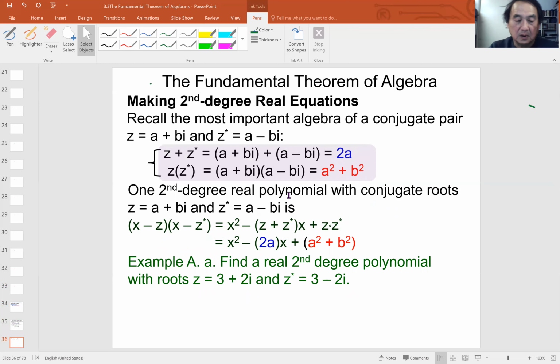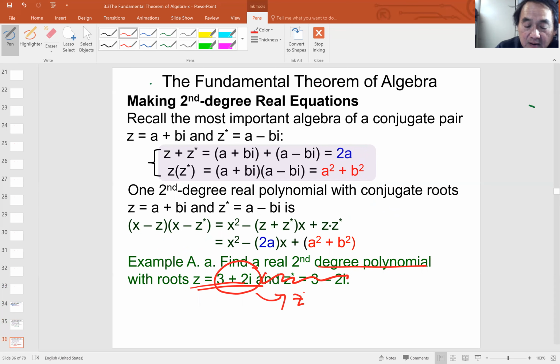Here's an example. Find a second degree polynomial with these as roots. I don't even have to tell you this one. If I tell you 3 plus 2i is a root, then you can infer immediately its cousin, 3 minus 2i, its conjugate, must also be a root.